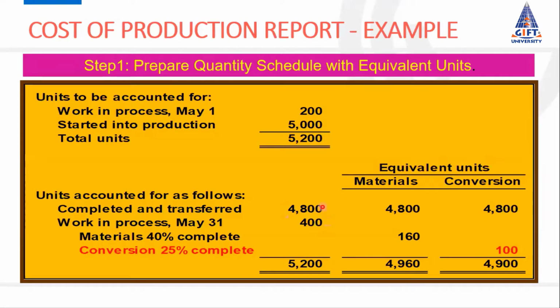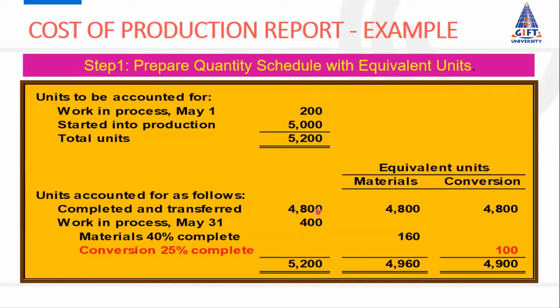Let me explain this. We have completed 4,800 units, but these 4,800 units are inclusive of 200 units, because we haven't distinguished them or shown them separately. We had 200 units and we started 5,000 more units. Among these 5,000 units, we have completed 4,600 units, and 400 units are still on hand.